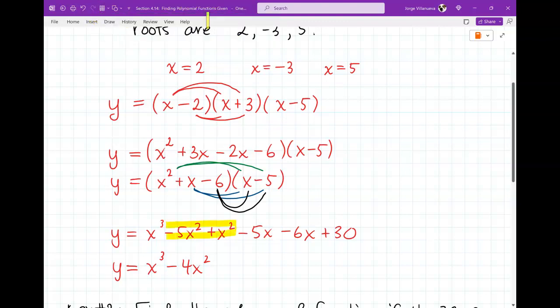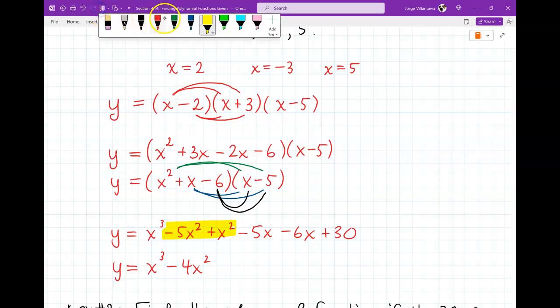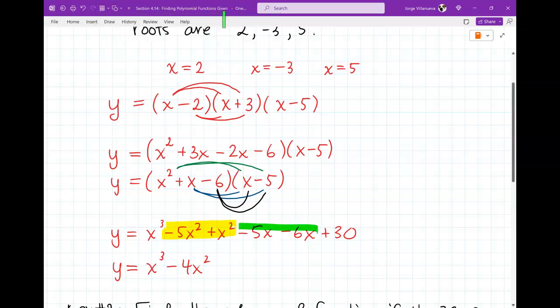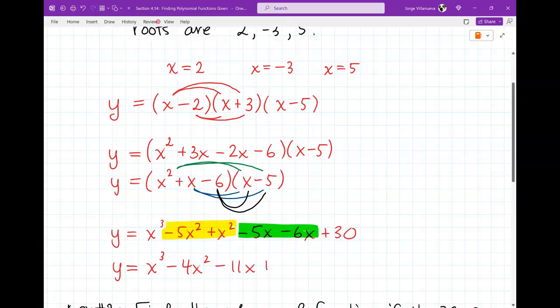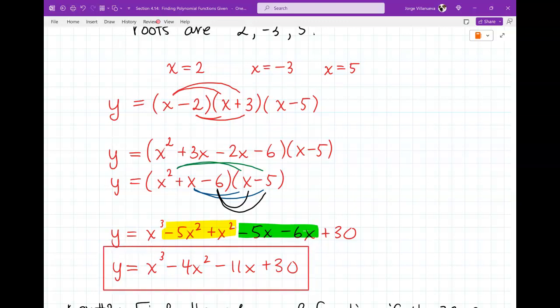These were like terms right here. I got another set of like terms right here. So -5x minus 6x is -11x, and then plus 30, and you're done. This is the equation that they're looking for.